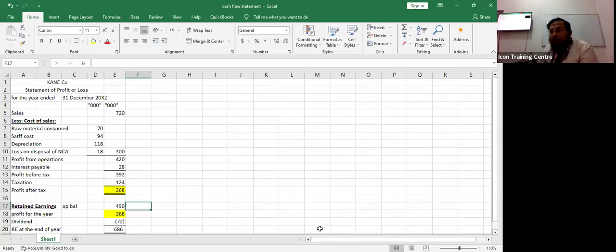Is this clear? Okay. Now, the next thing we have is our financial position. So if I ask you to please help me out in writing the values.